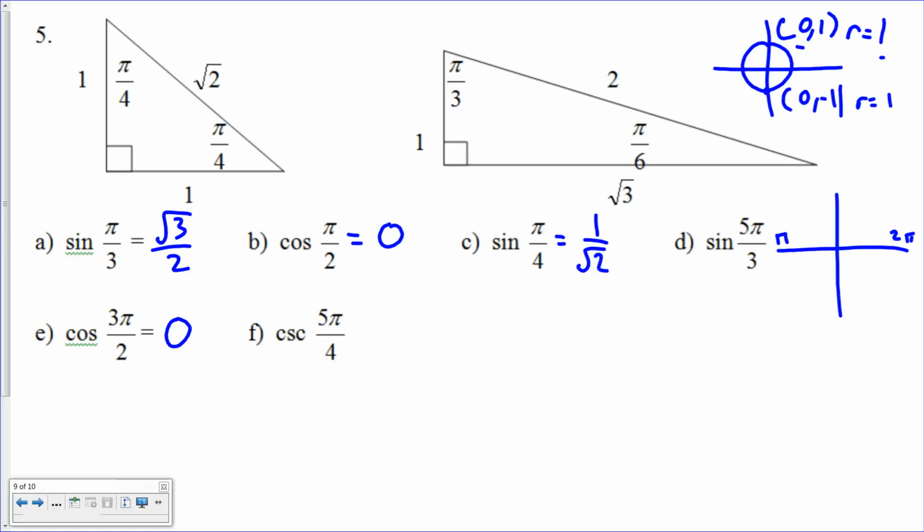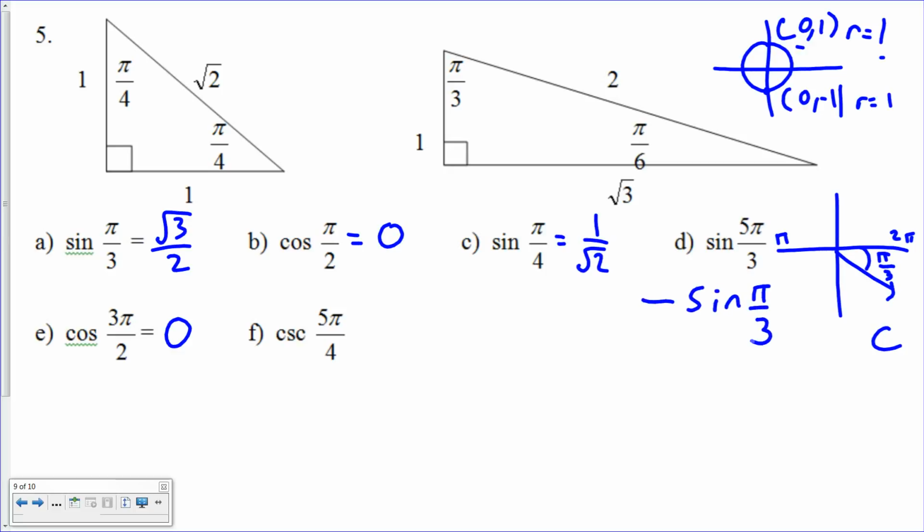So when I draw this, I can really draw that in, and I can also say my reference angle is pi over 3. 5 pi over 3 plus pi over 3 is 6 pi over 3, which is 2 pi. Got my reference angle. I also remember Santa Claus, everything else is the same. Tells me it's negative. I rewrite negative sine pi over 3.